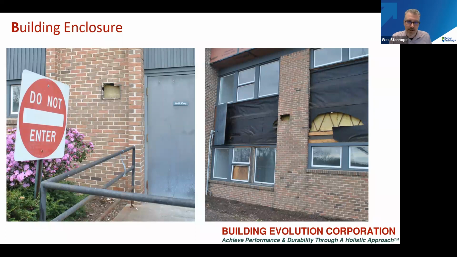The VRF systems were put into a building and the windows were upgraded, but the rest of the enclosure was not. A lot of thermal bridging, air leakage, and lack of insulation. What occurs here is that you still have a lot of solar heat gain to the building, a lot of losses, and the VRF system will try to compensate for that. And it does cause some comfort concerns.